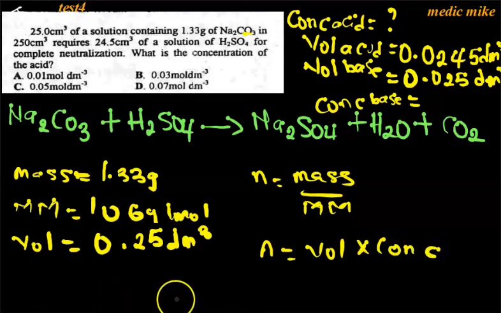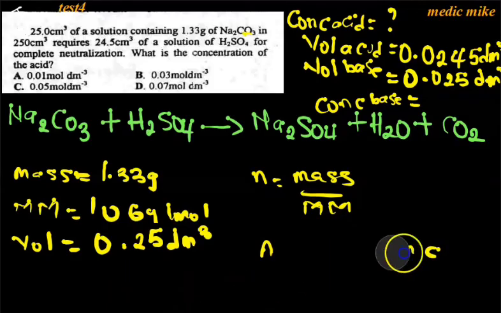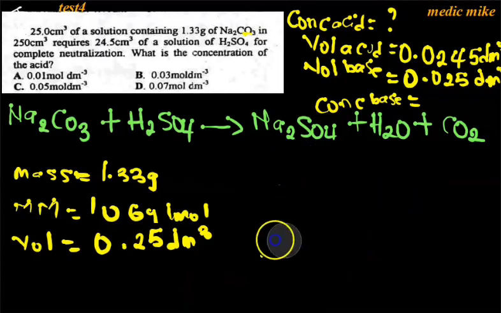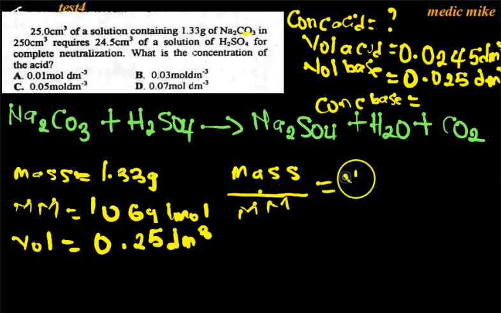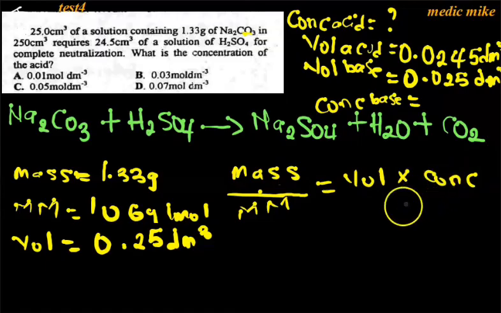So in the same way, mass over molar mass is equal to volume times concentration. This is the formula we're using to look for the concentration of the base.